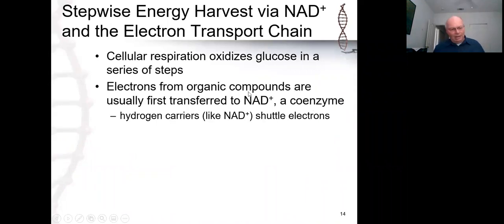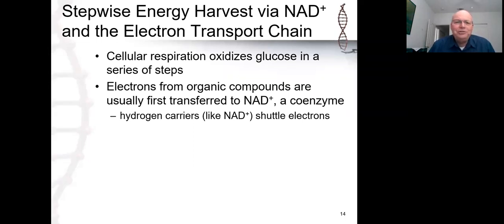moving electrons around. So where the electrons wind up is in a molecule called NAD+. So NAD+ is a electron acceptor, or an electron shuttle is usually the term that's used here, or an energy shuttle. All these names apply.